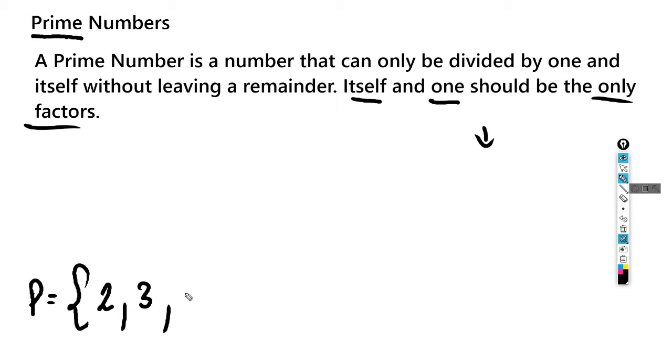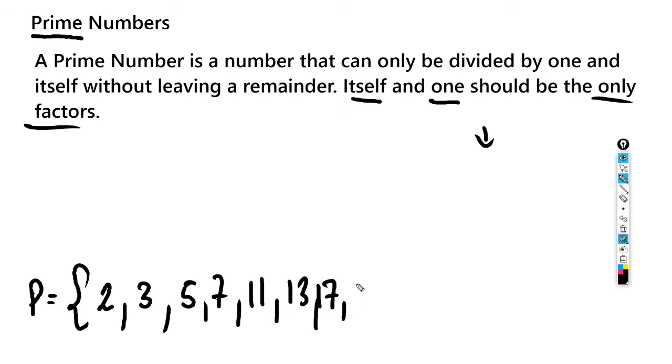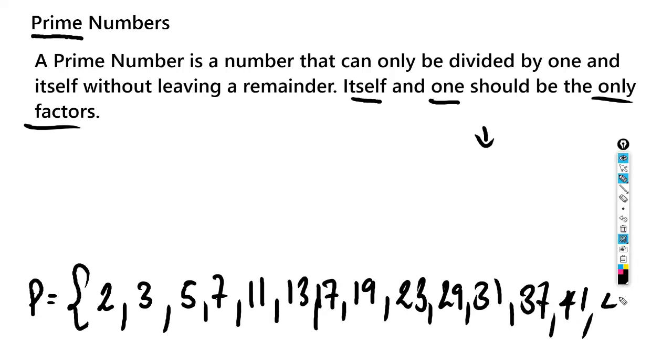So I'm going to write them out for you: 2, 3, 5, 7, 11, 13, 17, 19, 23, 29, 31, 37, 41, 43, and so on and so forth.